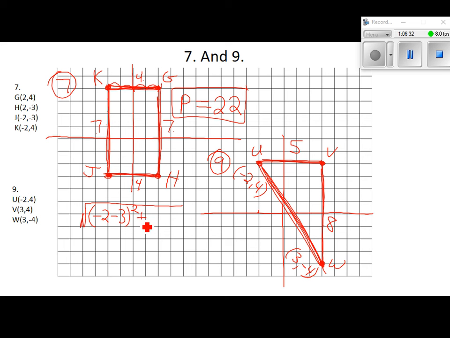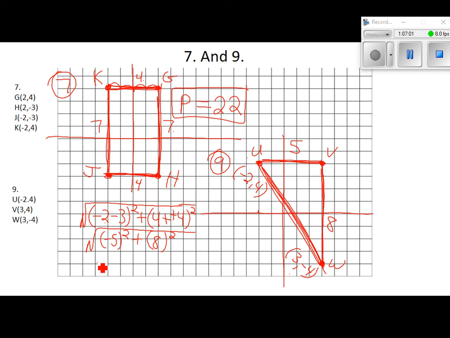Our y's for U and W are 4 minus a negative 4, so change both those to plus. Negative 2 minus 3 is negative 5. Four plus 4 is 8.